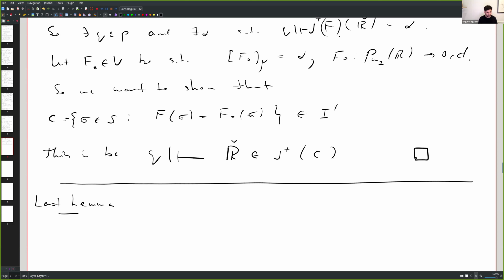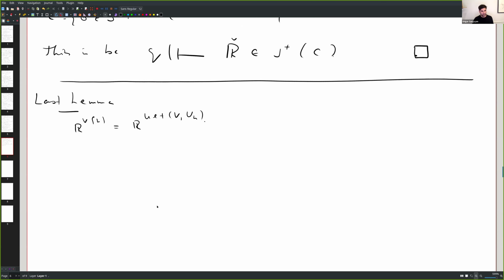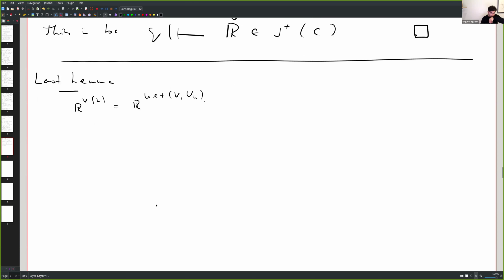The reals of VH are the same as the reals of the algebra power of V by UH. So we need to represent every real in the algebra power, right?